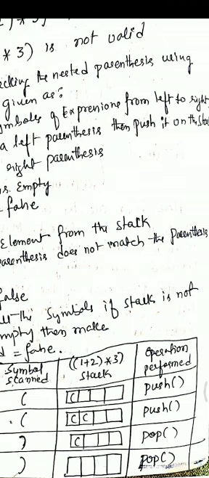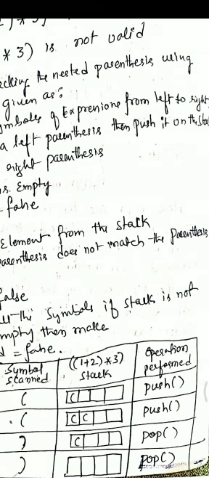One is symbol scanned, the second is stack, and the third is operation performed. In the first column, symbol scanned, I'm going to follow the first step: scan the symbols of the expression from left to right. Now I have scanned it.